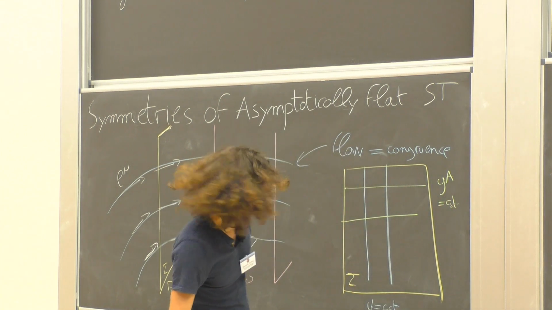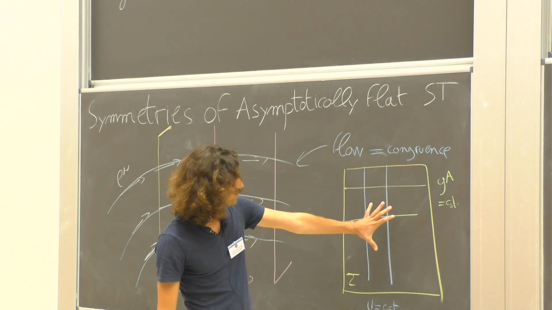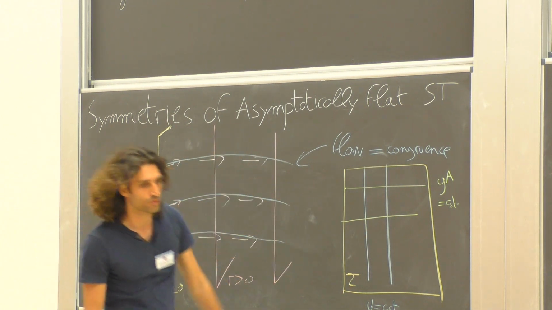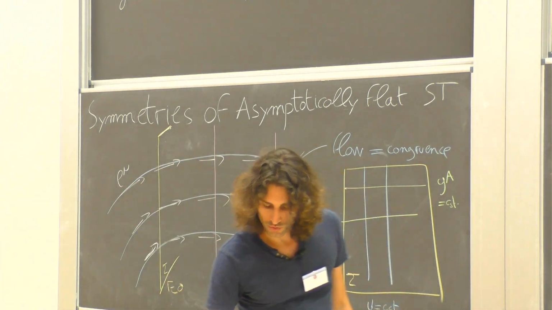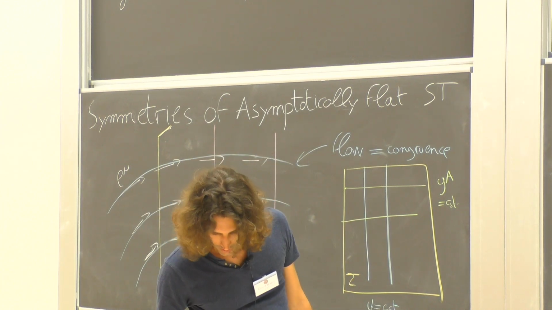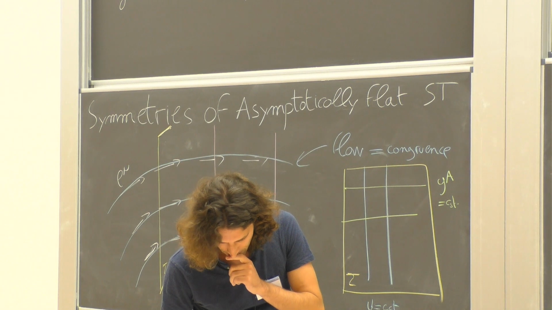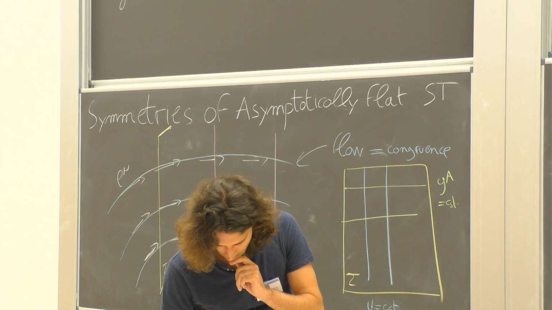So this is how you do it. You take your initial surface, choose a system of coordinates u and y on sigma, and then you just flow along your null geodesic congruence, and you construct a coordinate system.